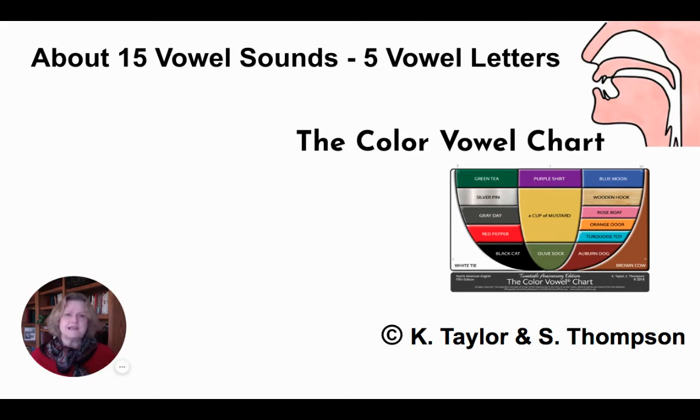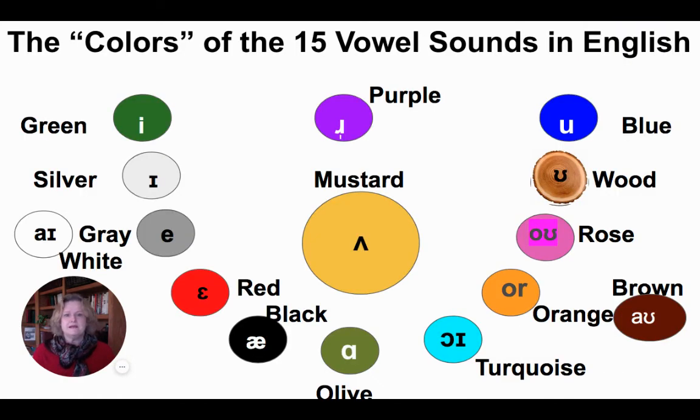White contains I, etc. Now here I have put together the International Phonetic Alphabet, or the IPA, together with the Color Vowel Chart roughly, and put the different symbols in there as a way to connect them.